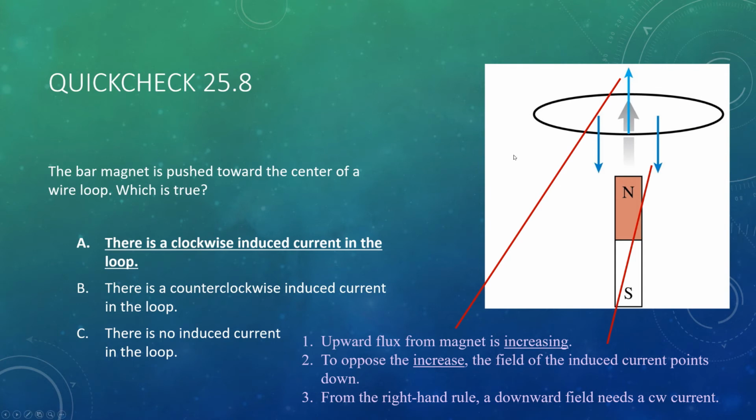So the flux will increase. In order to oppose an increase, we need to have a field pointing in the opposite direction. In other words, downward. So our induced magnetic field points downward through the loop. By the right-hand rule, that means we will have a clockwise current in the loop.